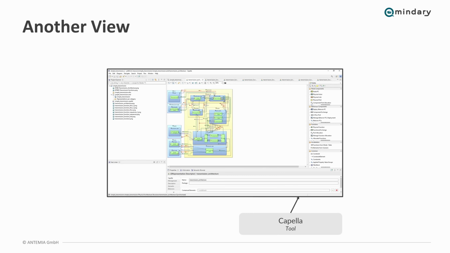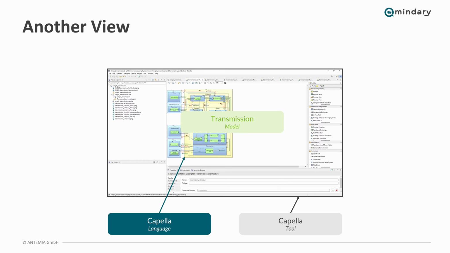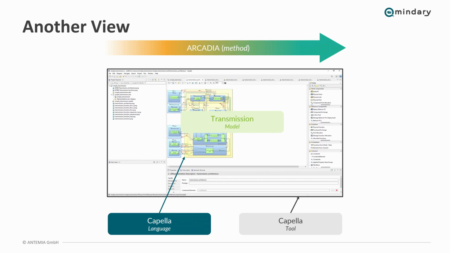Let's bring all the just heard together a little bit by the example of Capella. The Capella modeling tool contains the transmission architecture model, for example, created by the Capella modeling language. The creation of the model is guided and supported by the application of the Arcadia method.